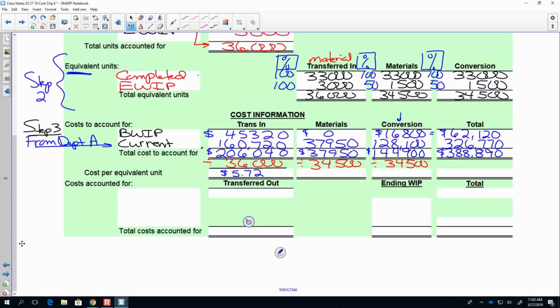We're going to have a rounding issue at the end. No way around it. $1.10.